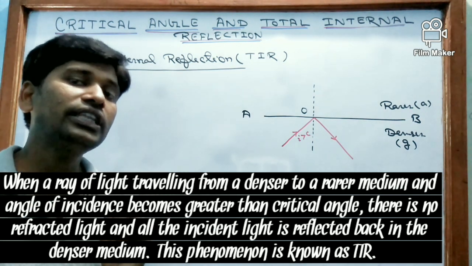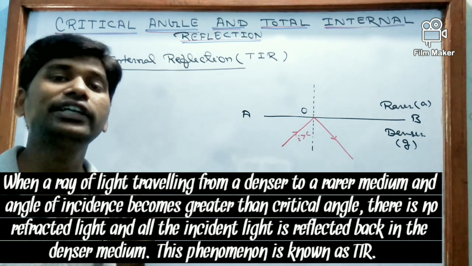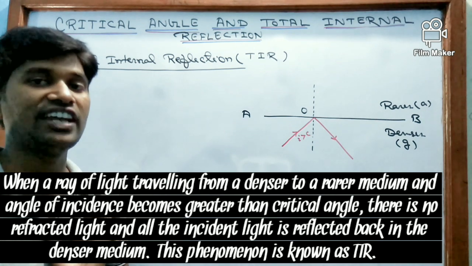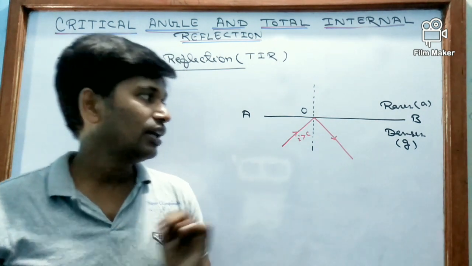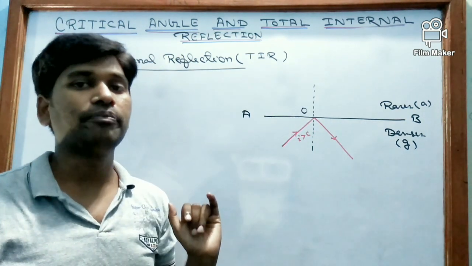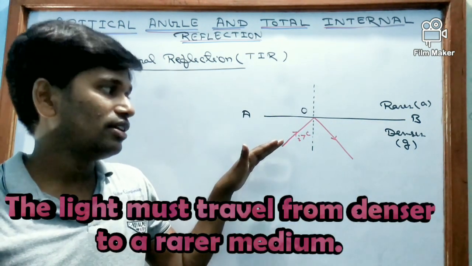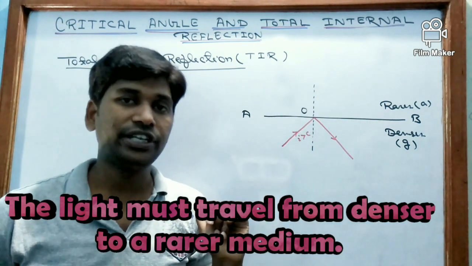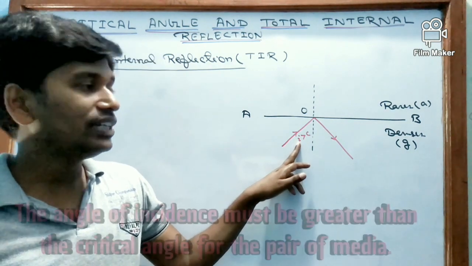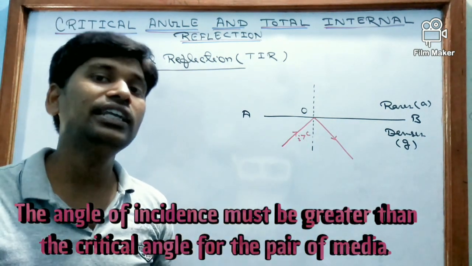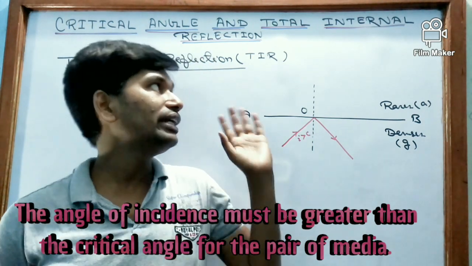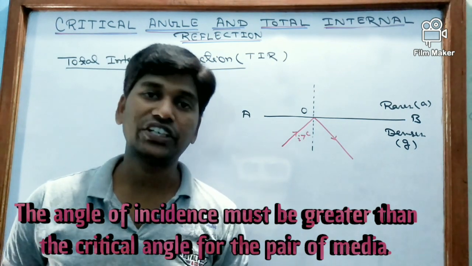Now we will see the conditions for total internal reflection. There are two conditions. The first one is the ray must travel from denser medium to rarer medium. Second condition is the angle of incidence must be greater than the critical angle. So these are the two conditions for TIR, total internal reflection.